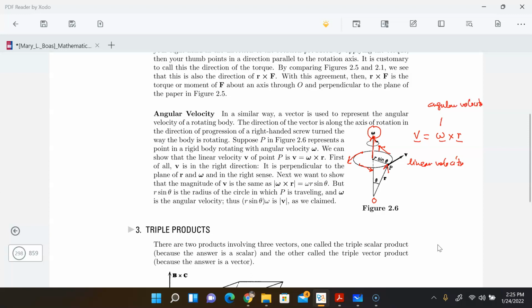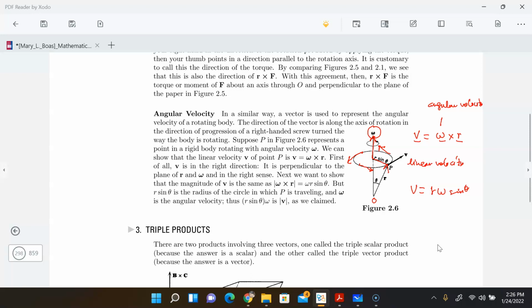Because of this cross product, you can see the magnitude is essentially r omega sine theta. Where the sine theta comes from is from here. Theta is coming from the origin there to r here. So the radius of the circle here is essentially r sine theta, not just r.